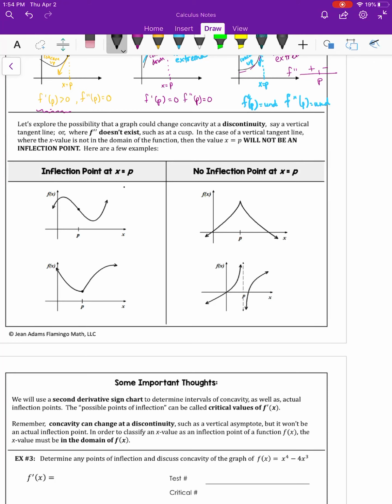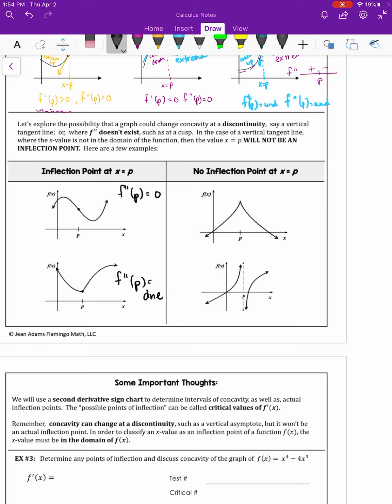For this one, your second derivative at p is 0, and you can see it changes concavity. Here, your second derivative at p does not exist. Your first derivative does not exist, but it ends up being an extrema.